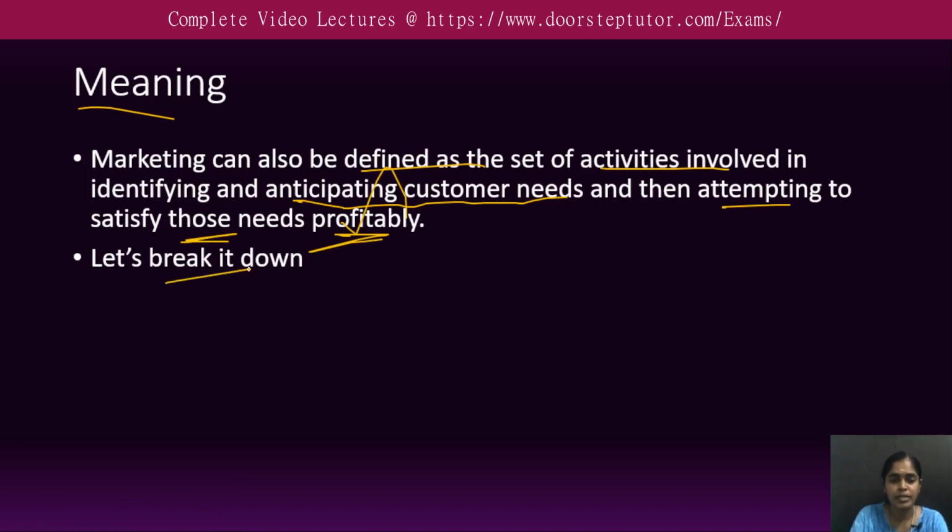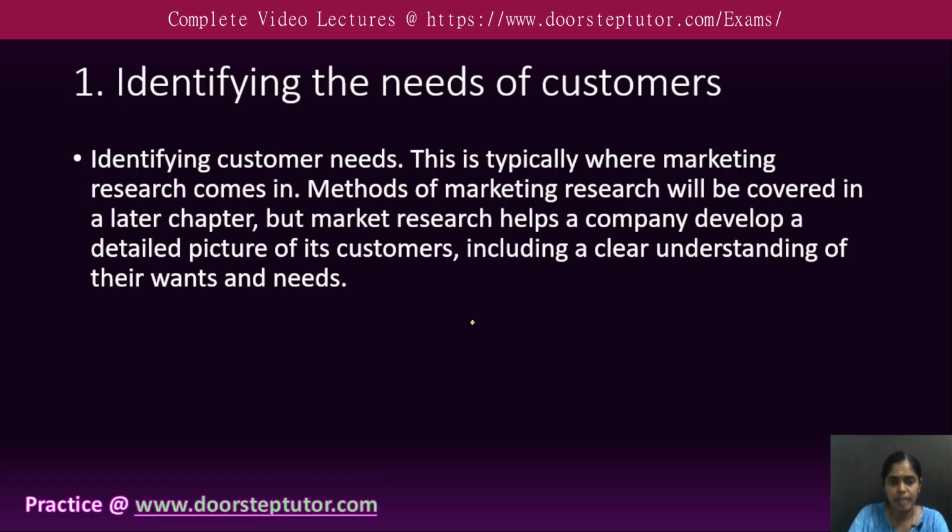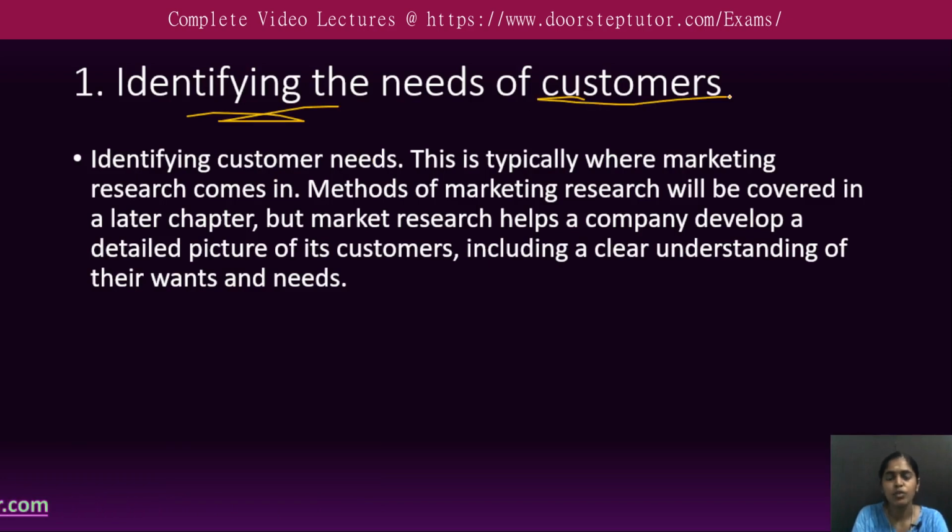So let us break it down. Let us break each and every word in this definition in the following slides. So identify the needs of customers. So who are the customers? Customers are the persons who are getting the service or product from us, and in return they will be giving or rewarding money to us for the service or the product that we have made.